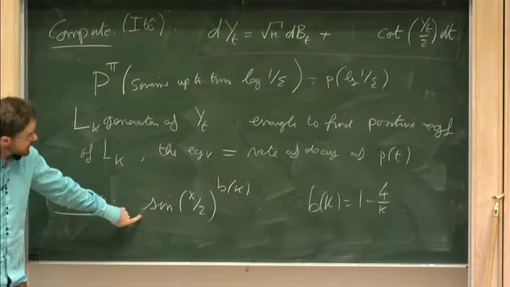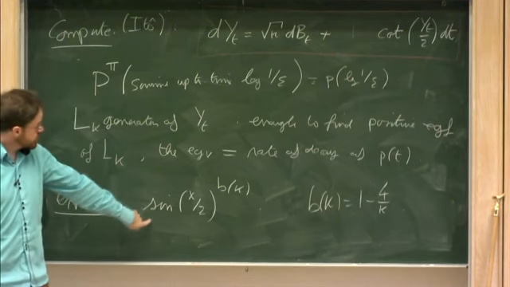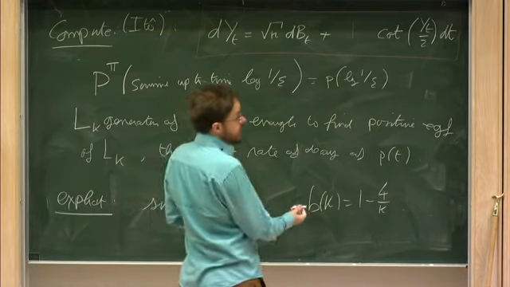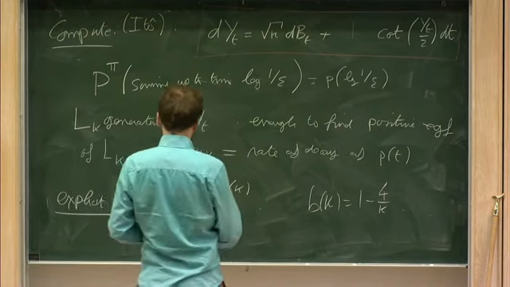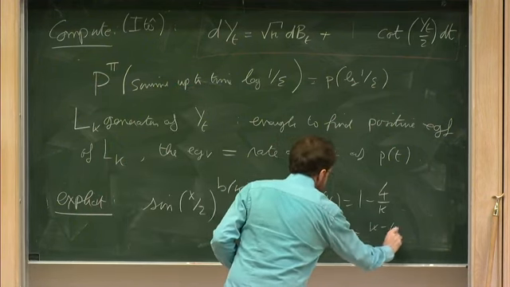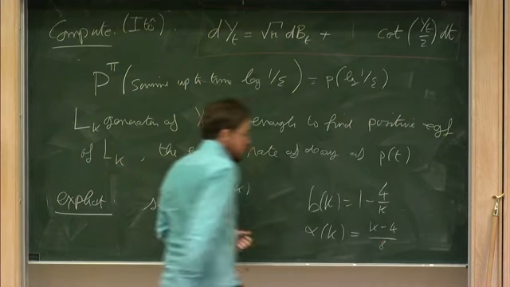And if you plug this in and you do the computation here, what you find is that the eigenvalue is this alpha of kappa, which is kappa minus 4 over 8.